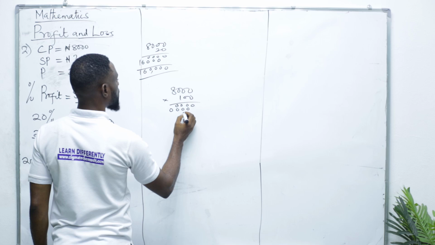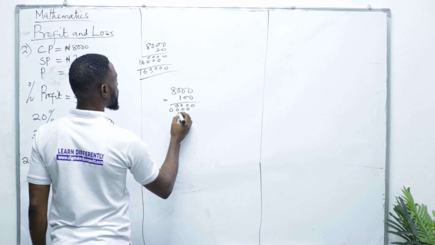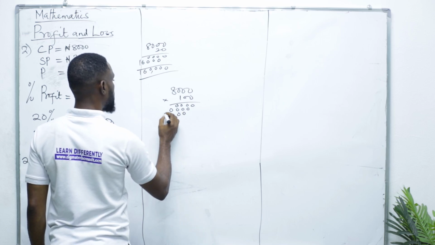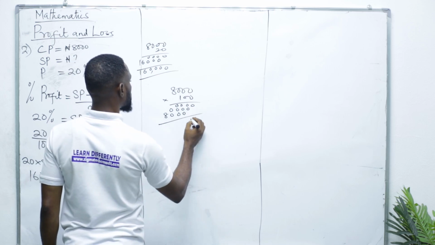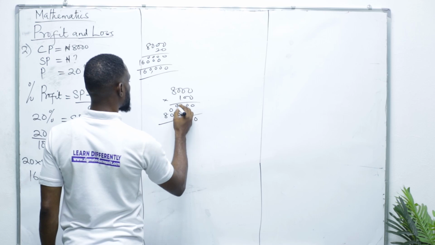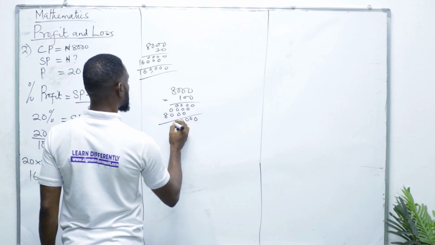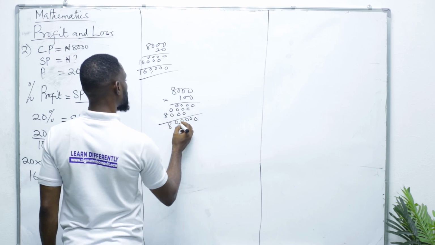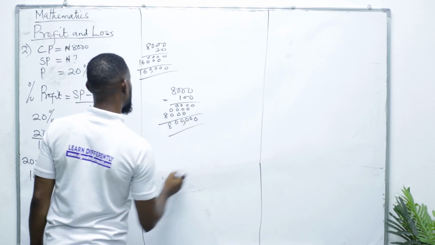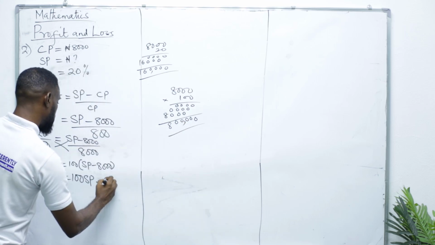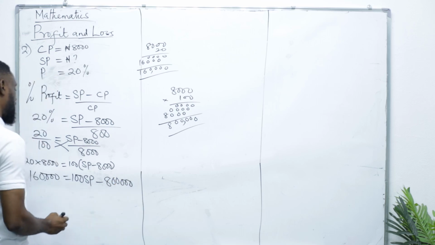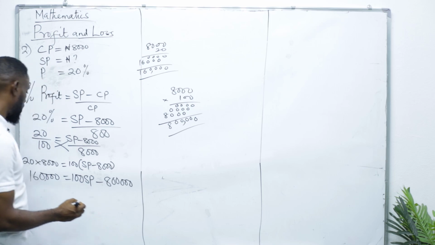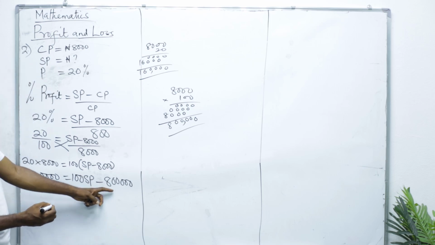This is 0, 0, 0, 8. All right? So this is 800,000. So this is 800. All right. Okay. So this is what we have here now.